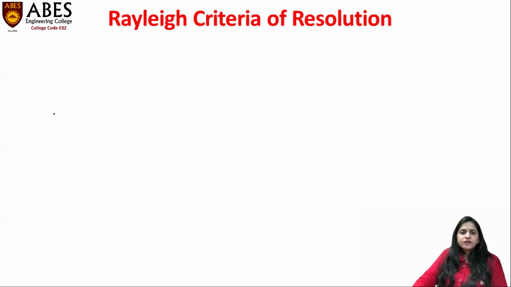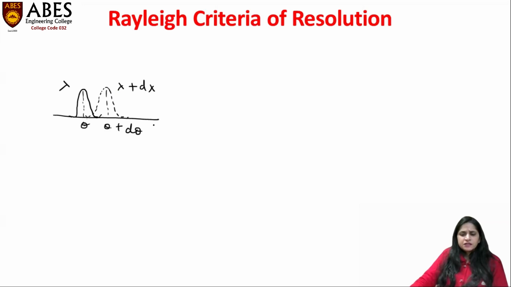Suppose there are two wavelengths, one is lambda and another is lambda plus d lambda. This is at an angle theta, and this is at an angle theta plus d theta.